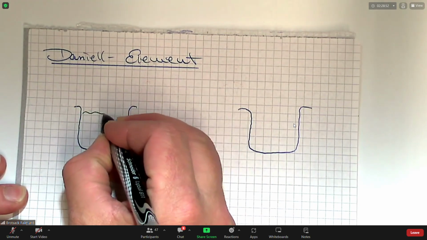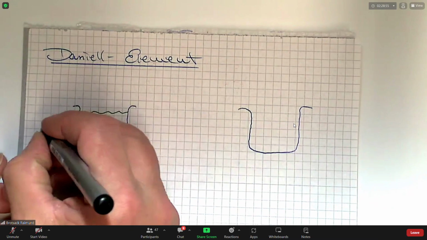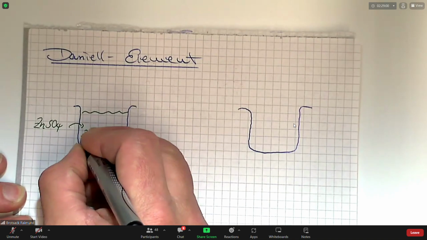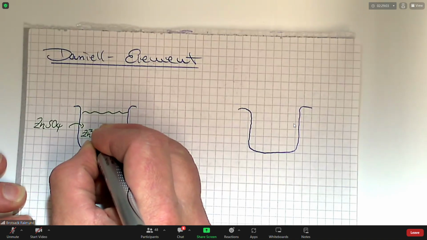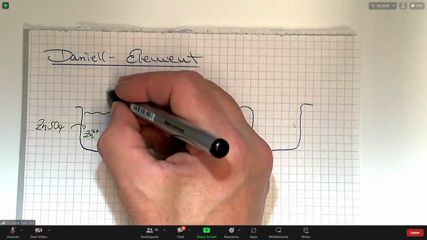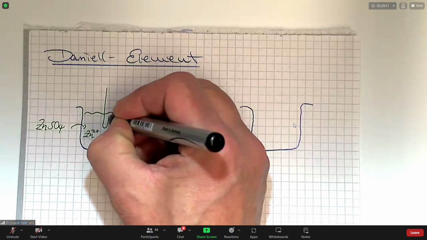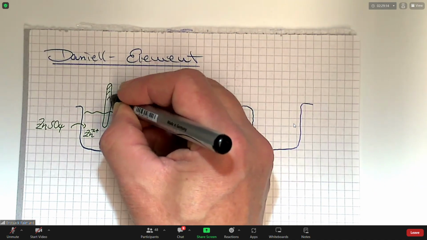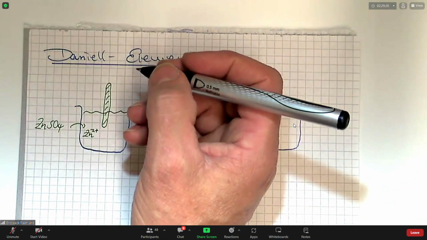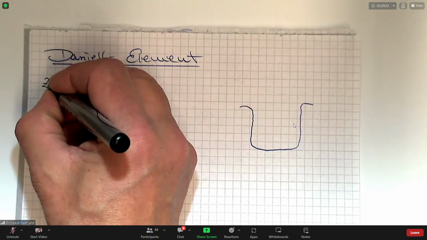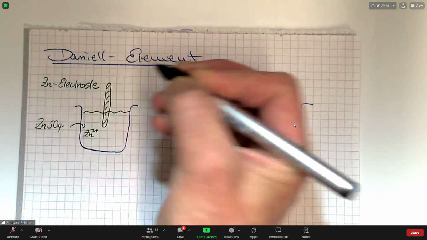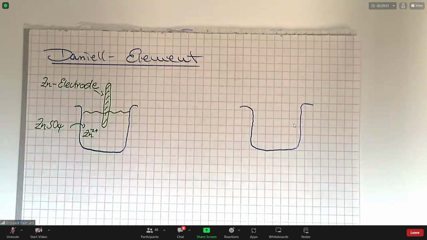So here we add the zinc sulfate. So we have Zn2+ ions solved in there. And we have a zinc rod, elementary zinc, in there. Now we call it zinc electrode. This one is what we call zinc electrode. It's elementary zinc.